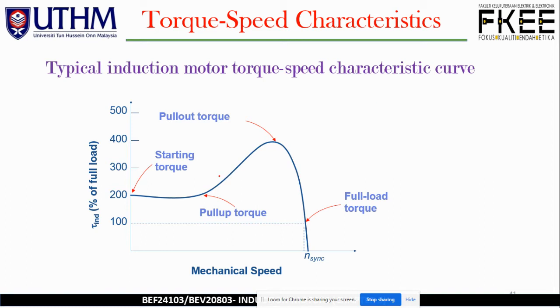So now the typical induction motor torque speed characteristic curve. What can we understand from the graph? This is the induced torque shown in percentage of full load: 100% of the full load, 200% is double, then triple, quadruple, and so on. So what will happen to the induced torque with respect to the mechanical speed?